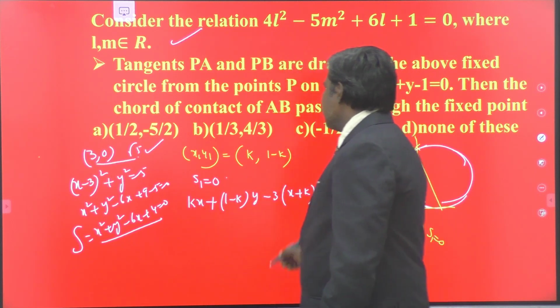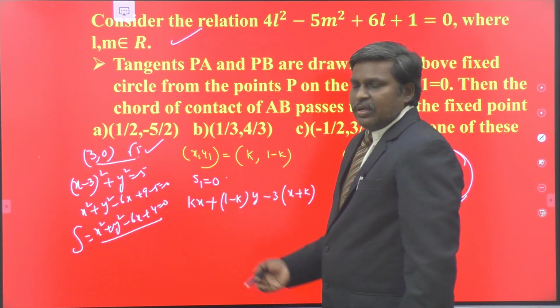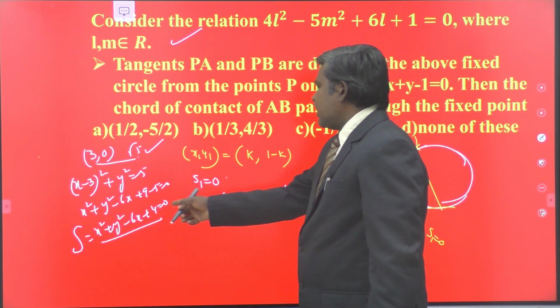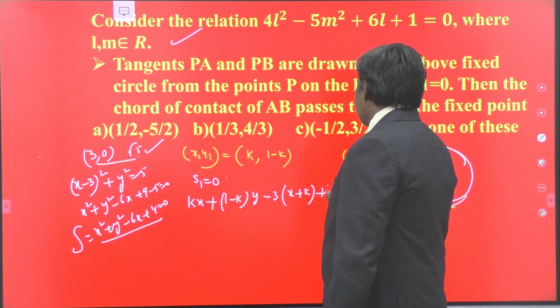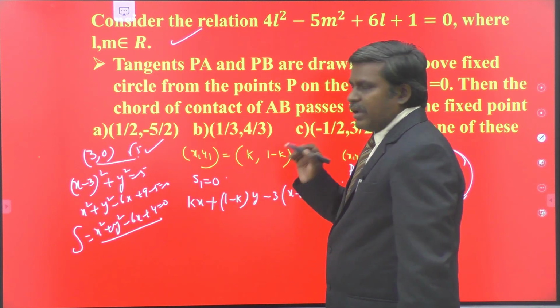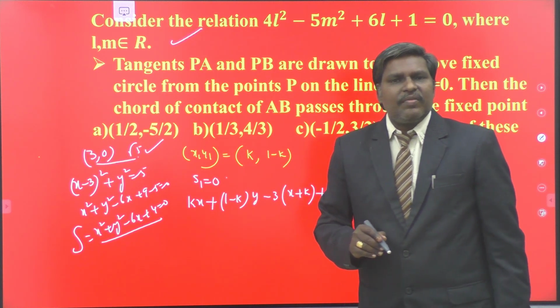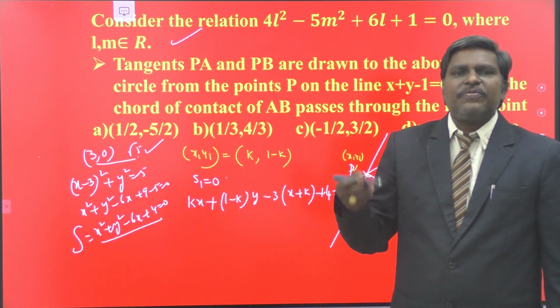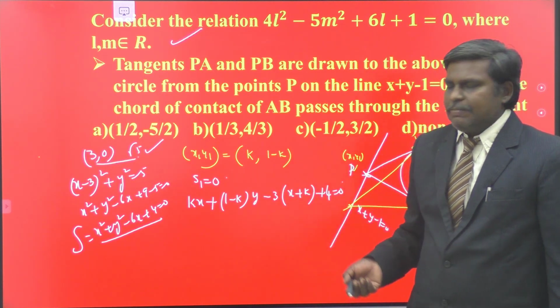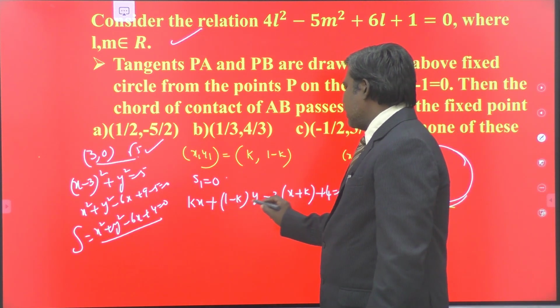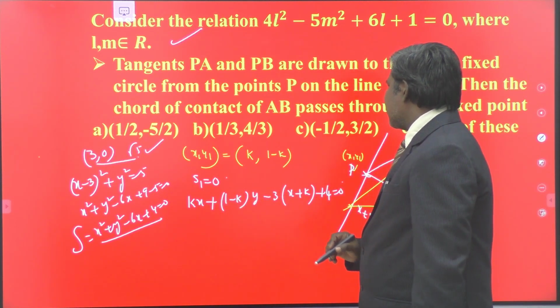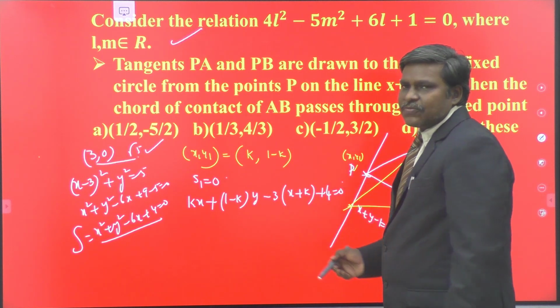There is no y-term, so no need to write f(y + y1). Plus c, that is 4, equals 0. So S1 is xx1 + yy1 + g(x + x1) + f(y + y1) + c. So kx + (1 - k)y - 3(x + k) + 4 = 0.